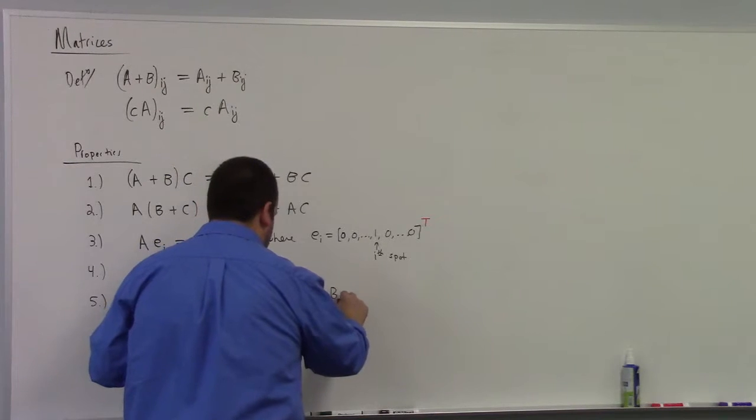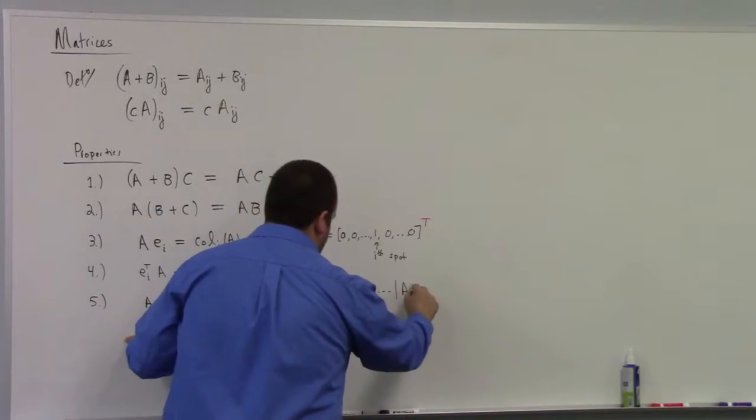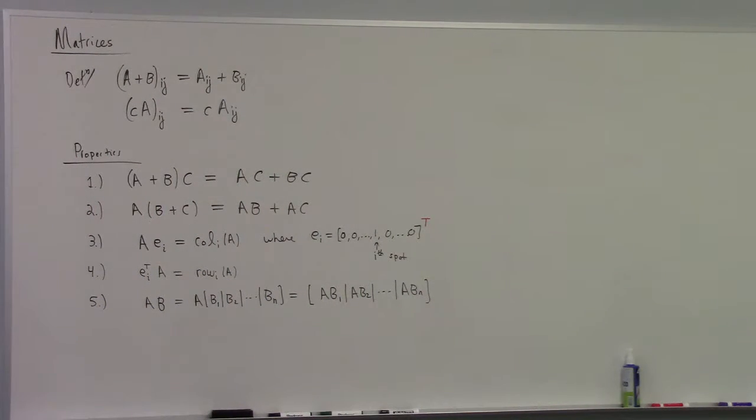So this is [A B_1, A B_2, ..., A B_n]. This is what I refer to as the concatenation proposition.